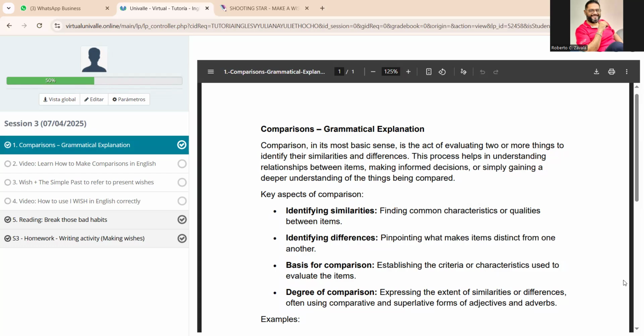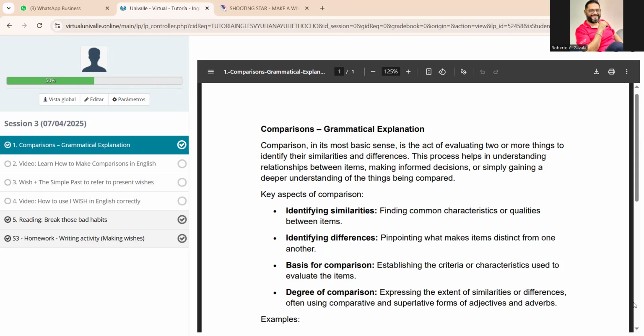And there's also another complimentary video. There's going to be a reading on break those bad habits. And finally, we have a writing activity about making wishes. Okay, so let's begin. It says comparisons, grammatical explanation.